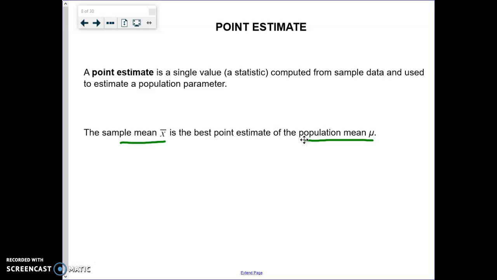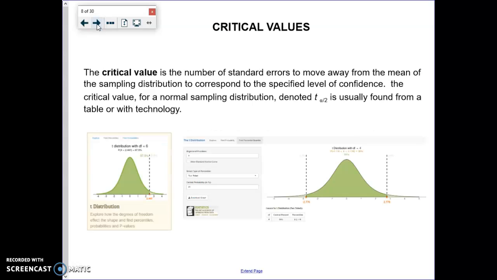So again, a point estimate is just a single value. It's a statistic, in this case the sample mean, that we use to estimate the population. We don't know how good it is. That's why we create an interval. It could be a very good indicator of the population mean, or it could not be. So again, our confidence intervals start with this idea of a point estimate.